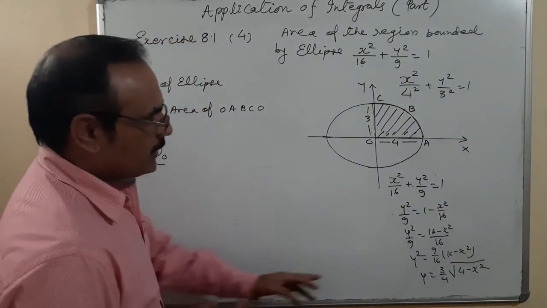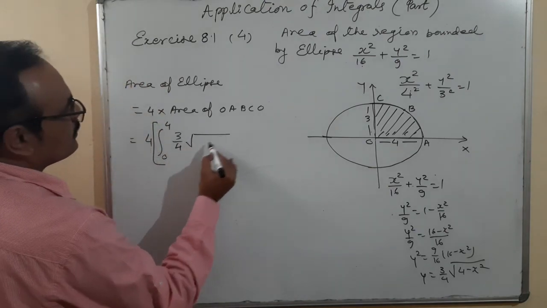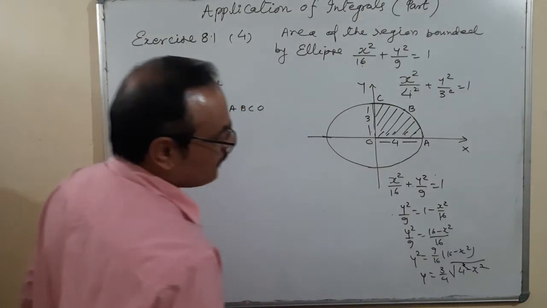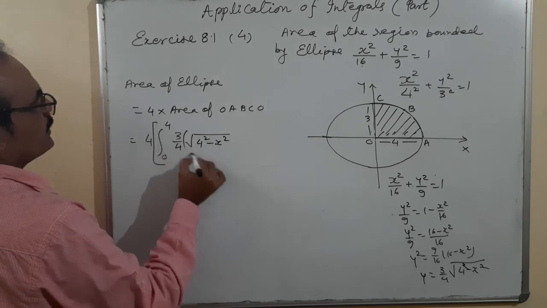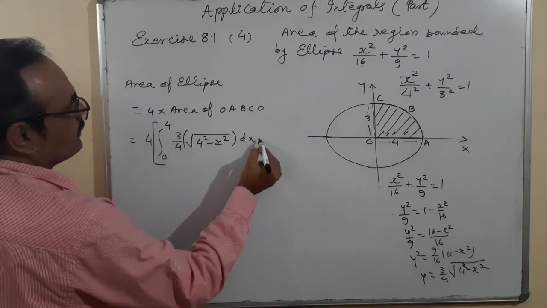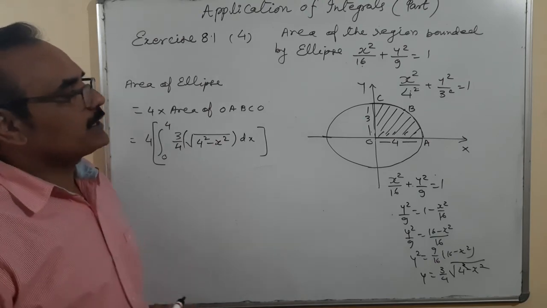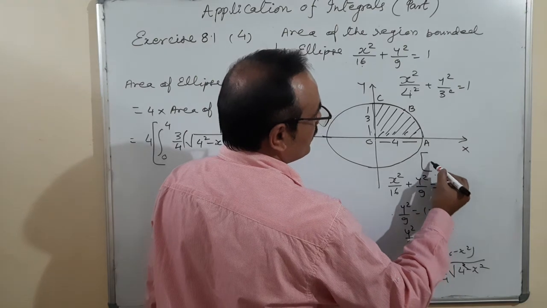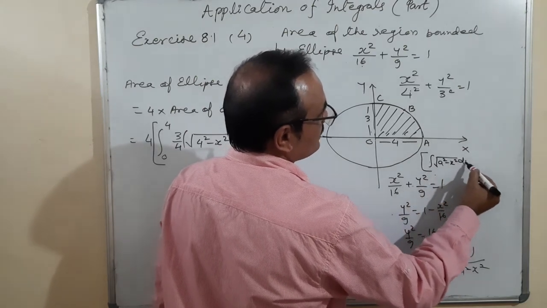Okay. So here we can put the value of y, 3 upon 4 under root 4 square minus x square dx. Okay. And in application of integrals, one formula which would be used in most of the questions, you will remember it: integral of under root a square minus x square dx.